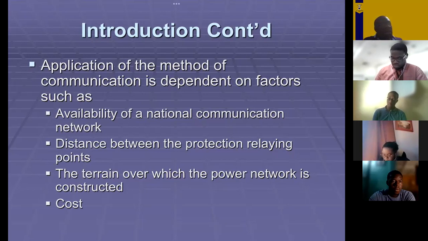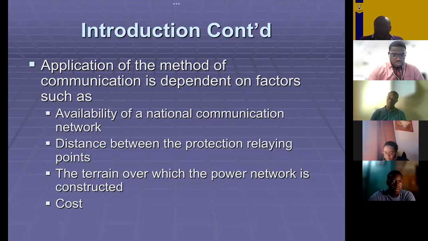So the utility had its own communication department, which would maintain their microwave system and their PLC system, right? Today, that department no longer exists. All right, and what they are using are the facilities from the communication providers.